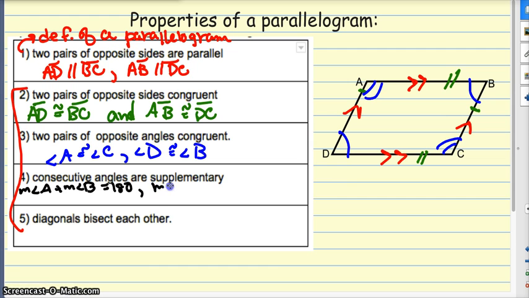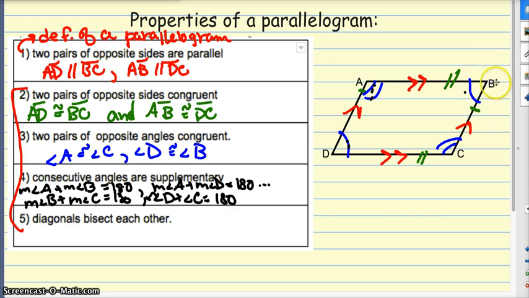The measure of angle A added to the measure of angle D is going to equal 180 degrees. So these angles that follow each other right in a row, A and D, A and B, B and C, are going to be 180. We can say angle D and angle C are 180.